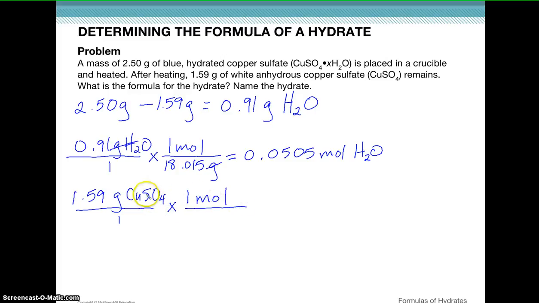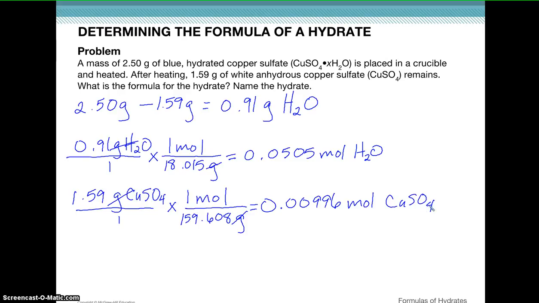So we add up copper plus sulfur plus 4 oxygens, and that would give us 159.608 grams per mole. So our grams cancel, and that leaves us with 0.00996 moles of CuSO4.